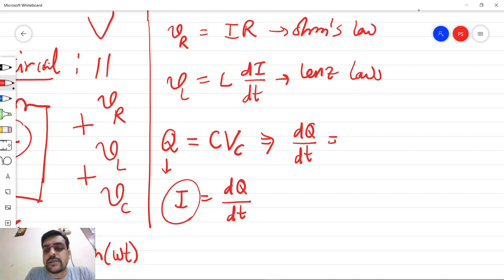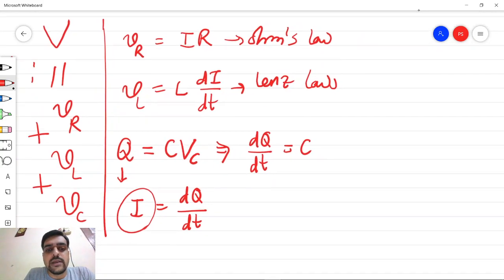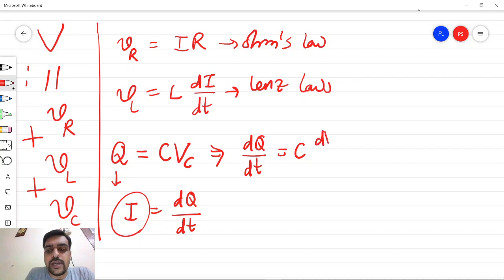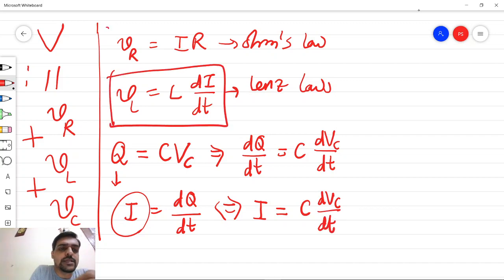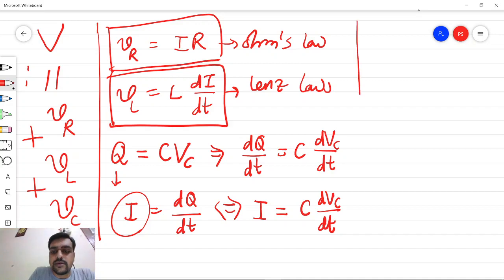Remember that C is a constant, so it is kept as it is, and we have dVc by dt. Now this dq by dt is nothing but I, so we have C dVc by dt. Let us just box these two values.